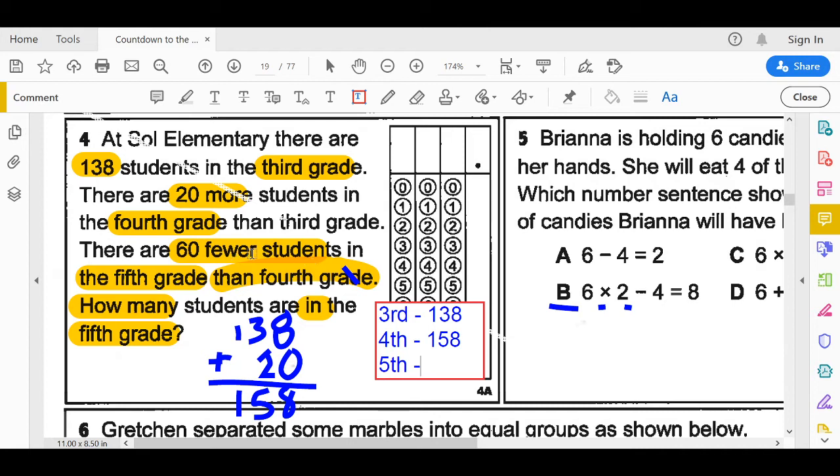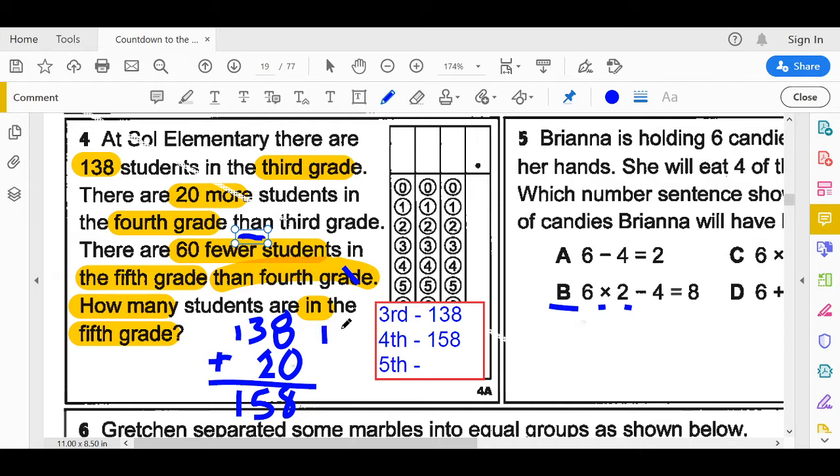The problem says that there are 60 fewer. Remember, when it says fewer, we need to subtract. So I'm going to put my minus sign here, so I know I need to subtract. 60 fewer students in the 5th grade than in 4th grade. So the number from 4th grade, that was 158.